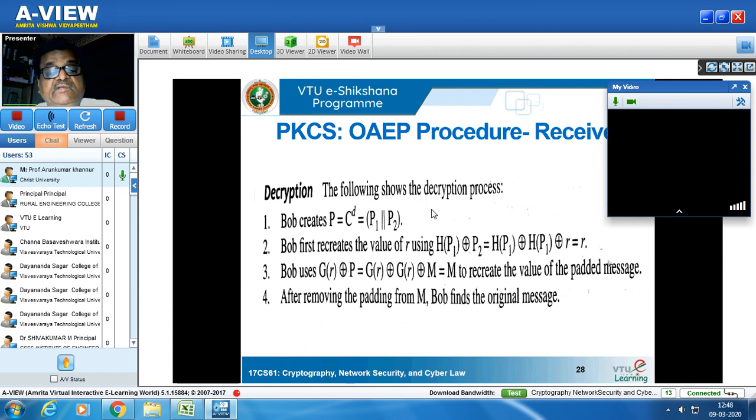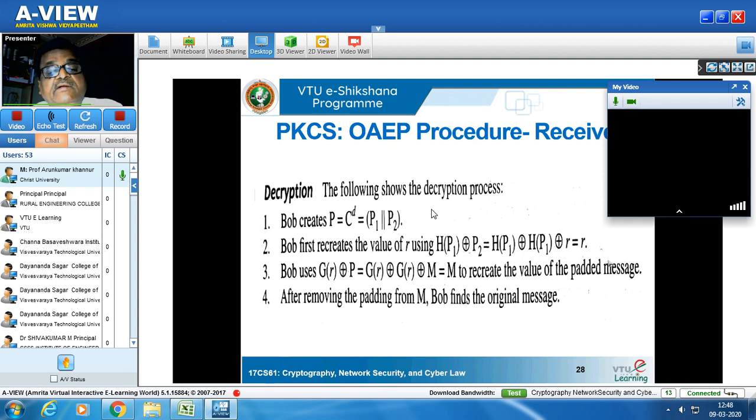The value of the padded message will be removed. After removing the padding from M, Bob finds the original message. Like this, on the receiver side, these activities will be happening.